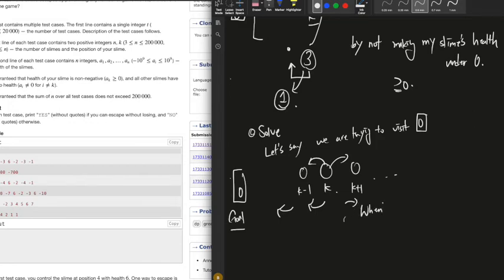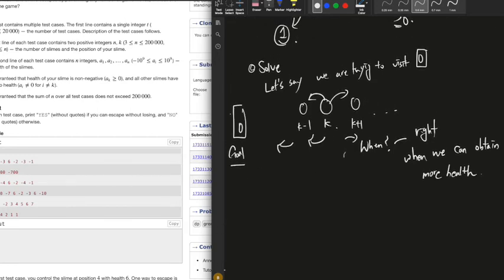And when? It's obvious we need to go to the right side when we can obtain more health, right? If not, there's no reason to go right. So in a greedy way, we need to group like this.